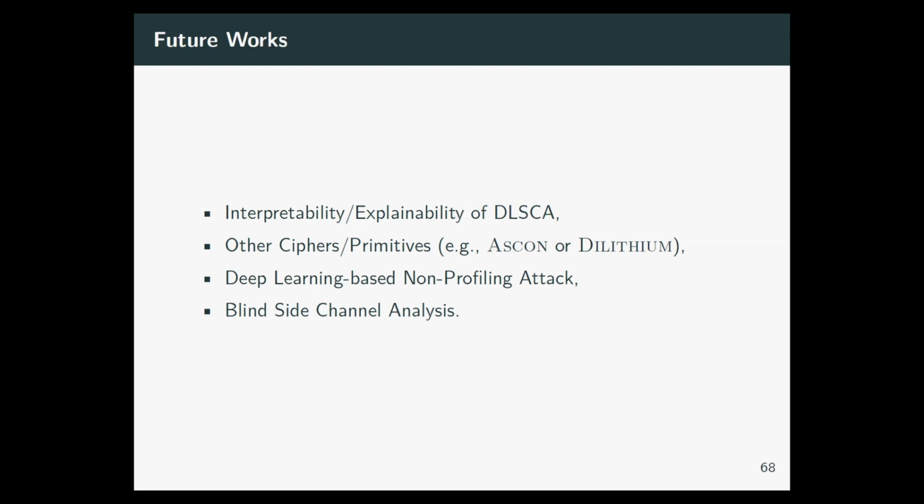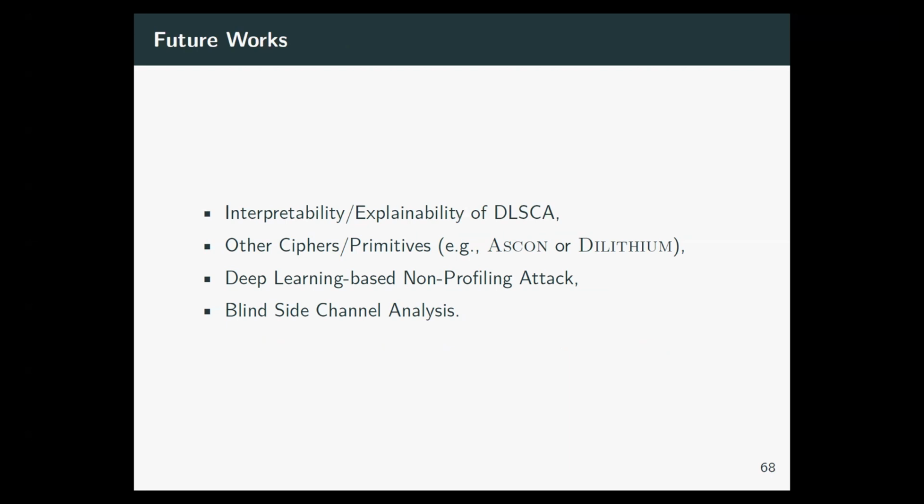Then there's also the deep learning based non-profiling attack, where the attacker only has one device instead of two devices, just the target device itself. Then the question will be, could our hyperparameter tuning process actually be used in this non-profiling attack?